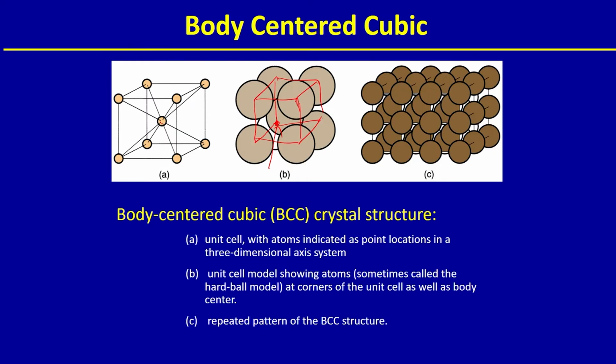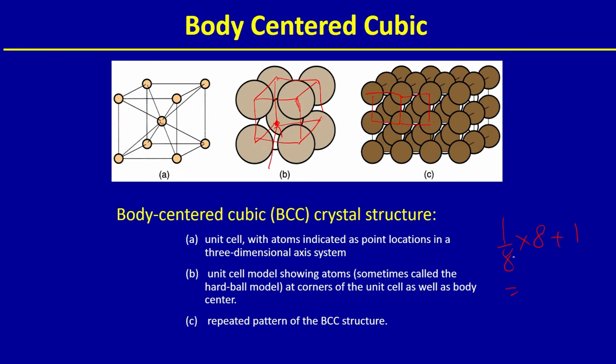We can clearly see that this atom is shared by this cube as well as this cube, correct, as well as other cubes also. You can put 8 cubes side by side. So, each corner is shared by 8 cubes, that is why it is 1 by 8 into 8, plus 1 at the center.